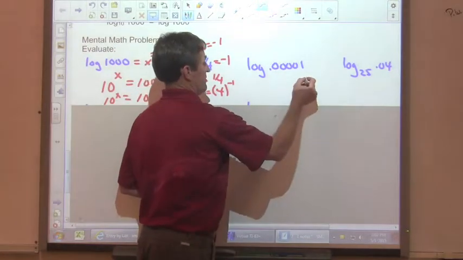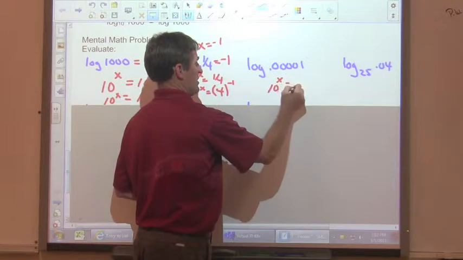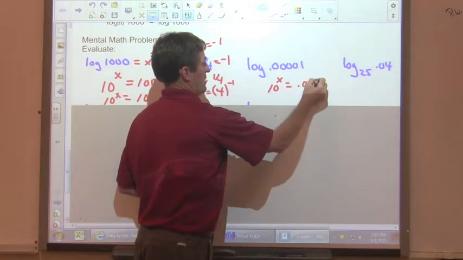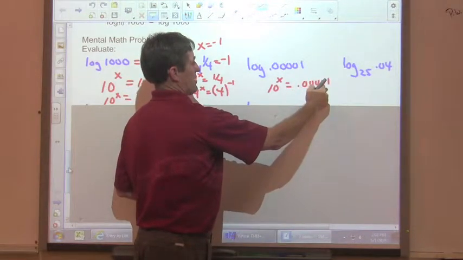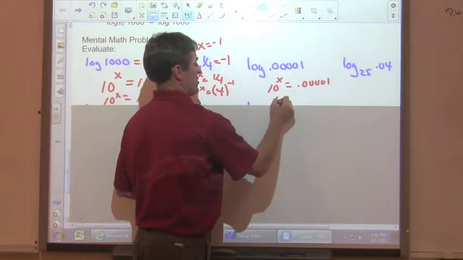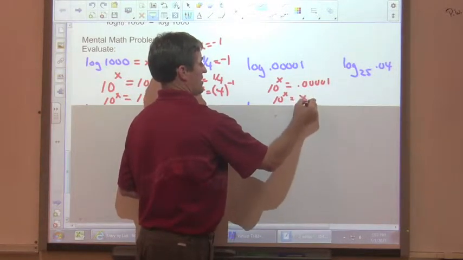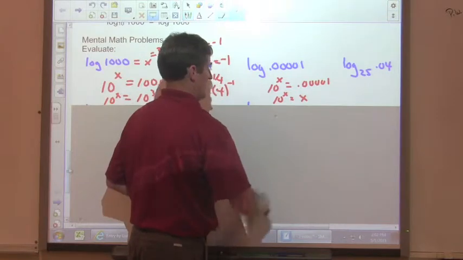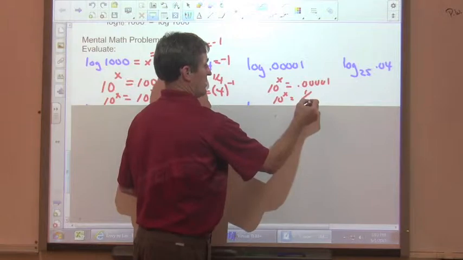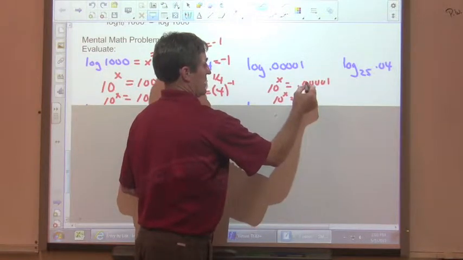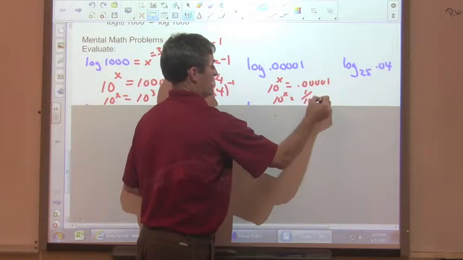Next one. So our base is 10. Again, we don't know our exponent. So this is tenths, hundredths, thousandths, ten thousandths, hundred thousandths. So I can write that as 10 to the x, excuse me, to the 1 over 100,000.